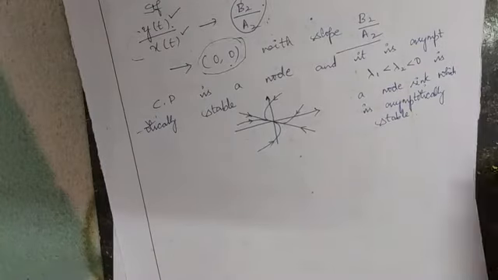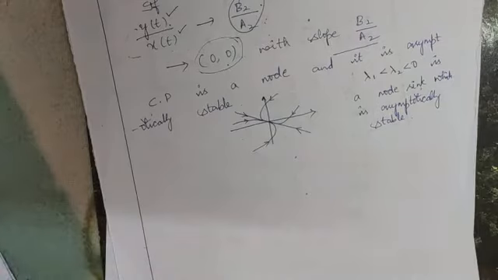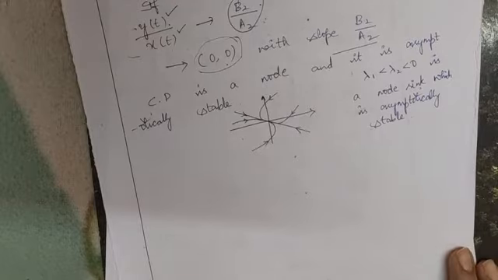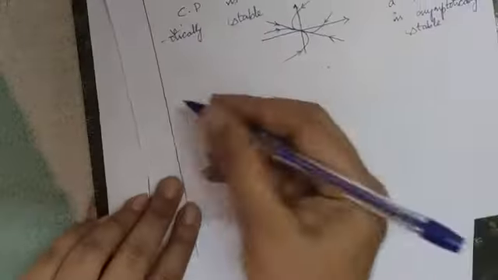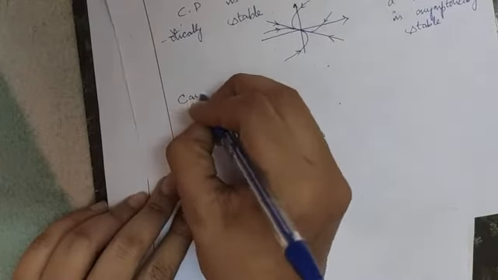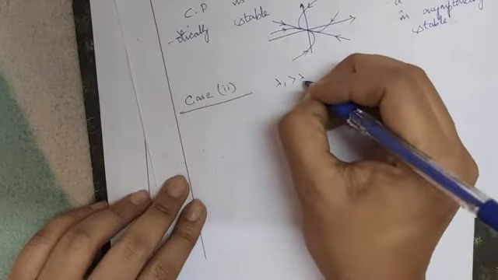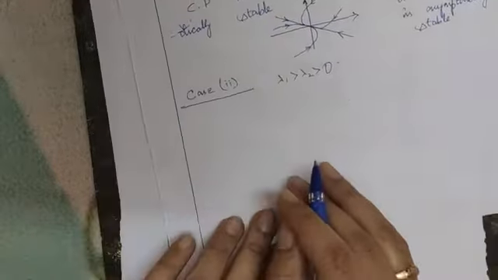Okay, so similarly we should check one more condition, that is when lambda 1 and lambda 2 are real and distinct and of positive sign. I will consider that as case 2: lambda 1 is greater than lambda 2, these two are greater than 0, positive, right?